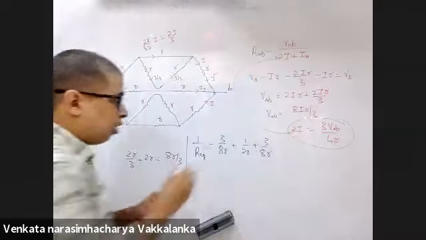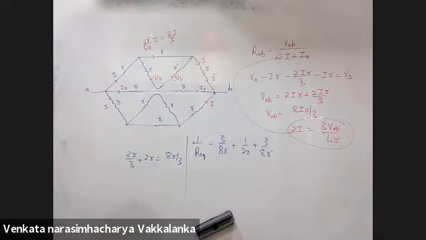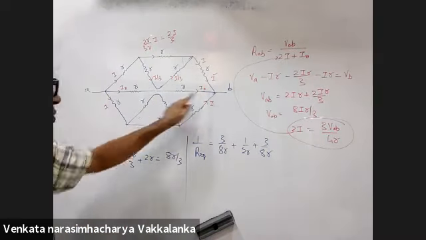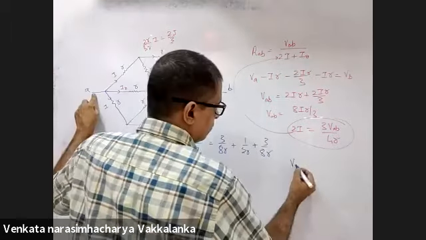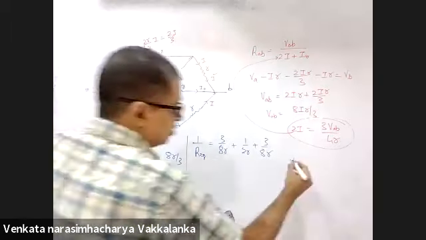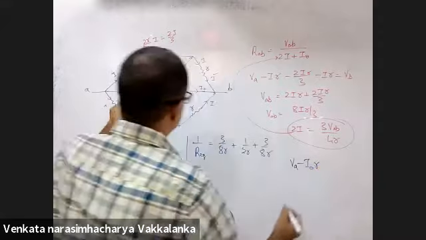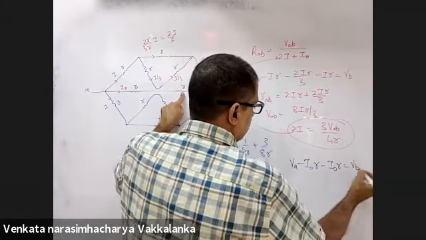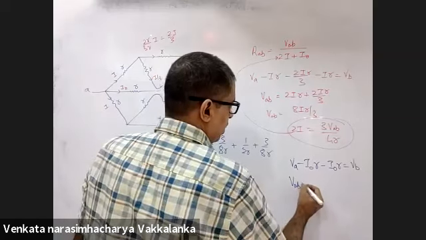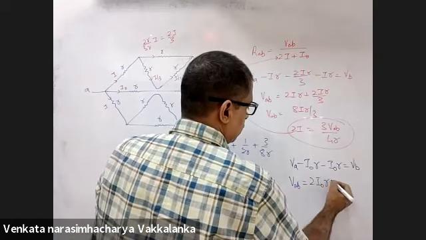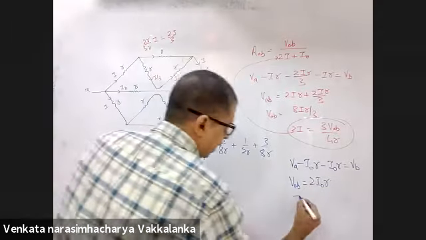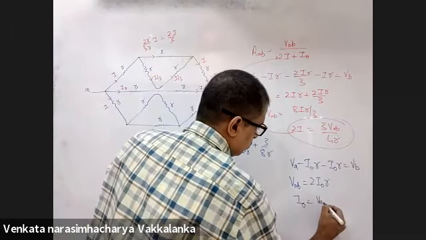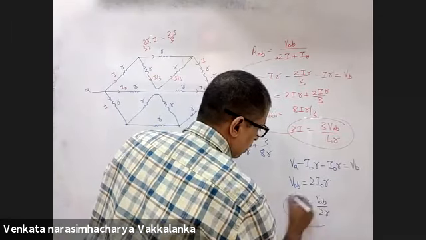I naught also I will have to eliminate. How do we eliminate I naught? Apply KVL to this branch. VA minus I naught R minus I naught R is equal to VB. VAB is 2I naught R. I naught is VAB by 2R.